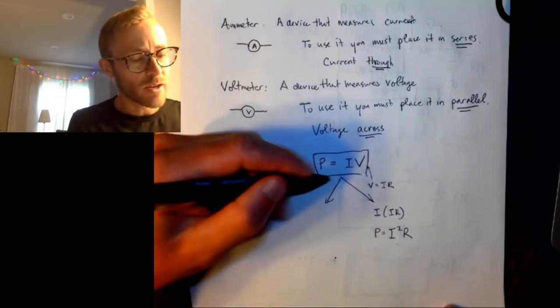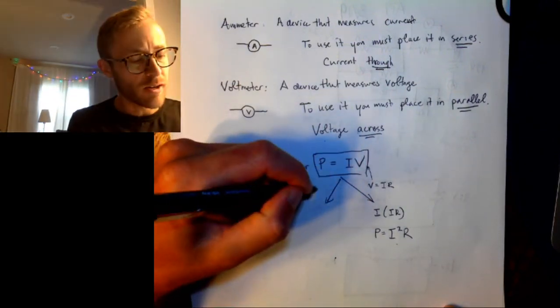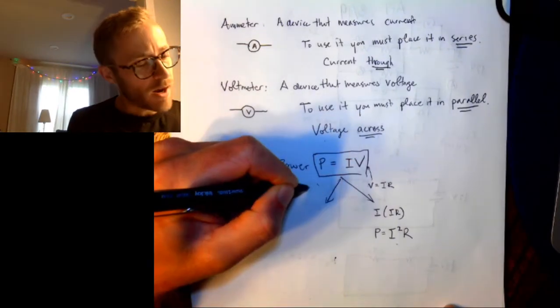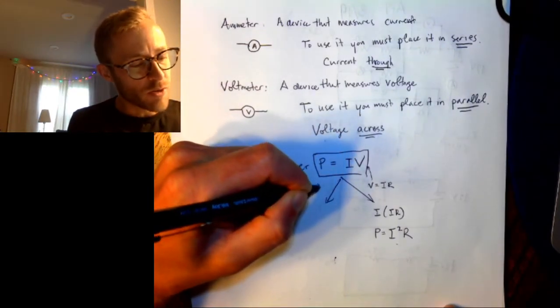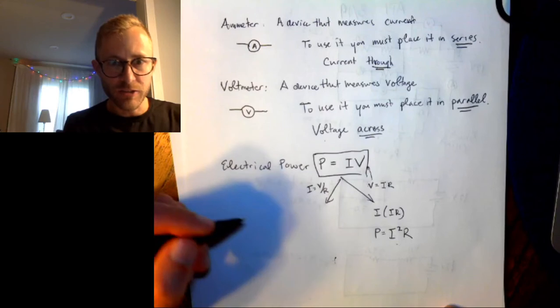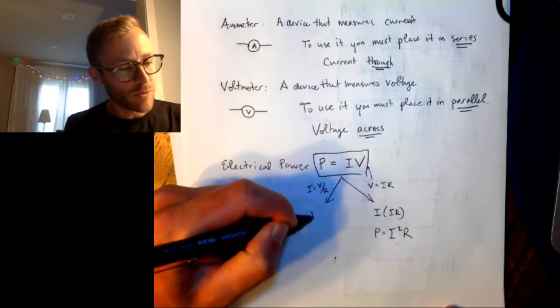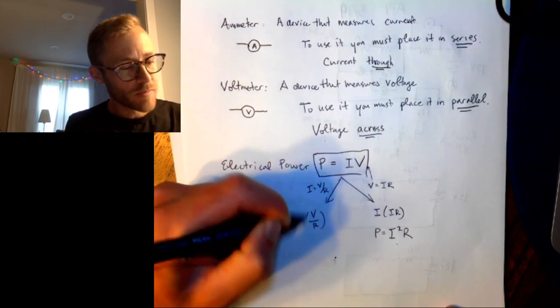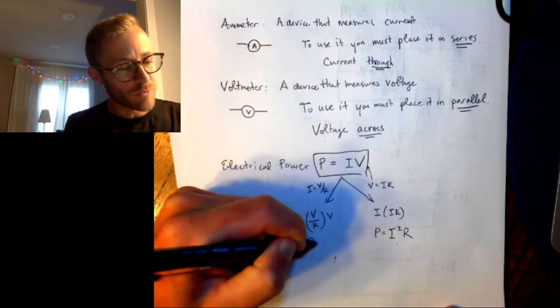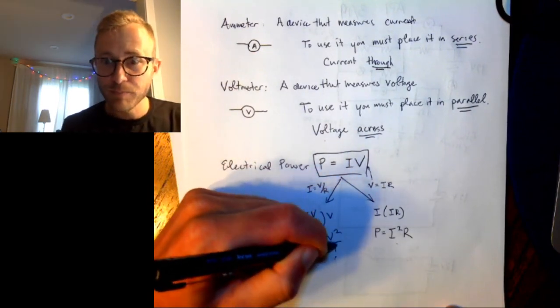I could also write I equals V over R, and I could substitute in for I, so I have V over R times V, and then I get power equals V squared over R.